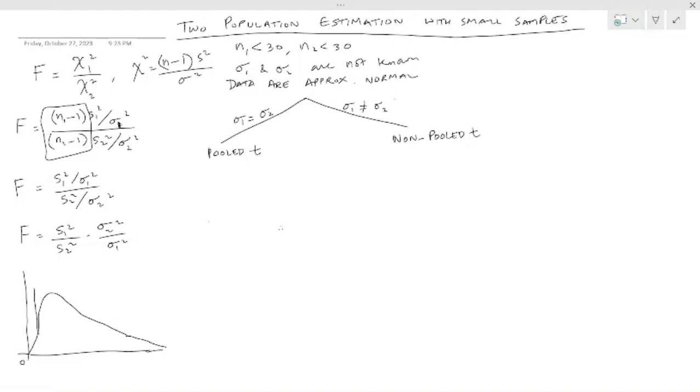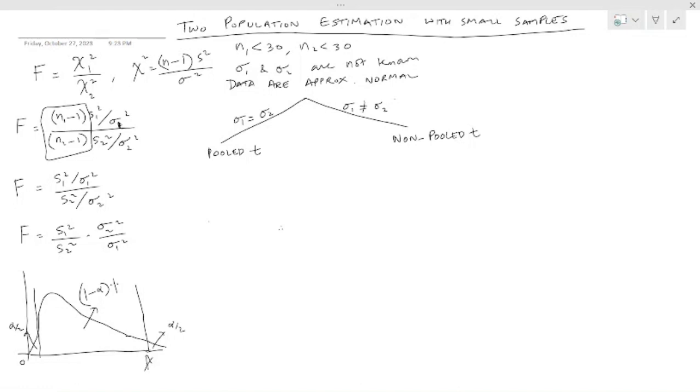Now, what if we take 1 minus alpha percent CI limits? The norm is the same as what we have followed in the case of chi-square. The upper bound of chi-square is indicated as chi-square with alpha by 2, we all know.